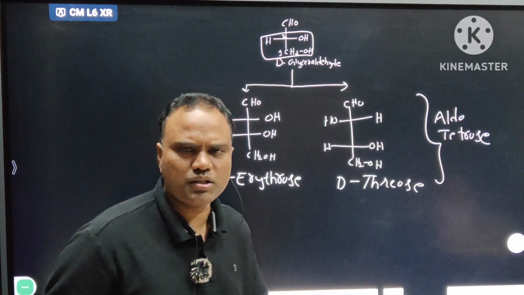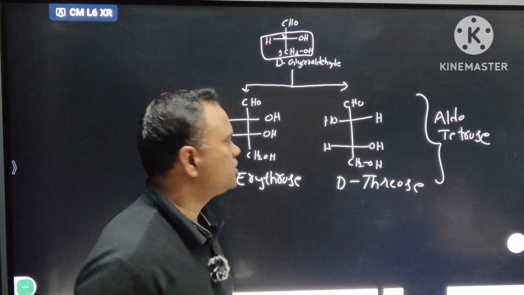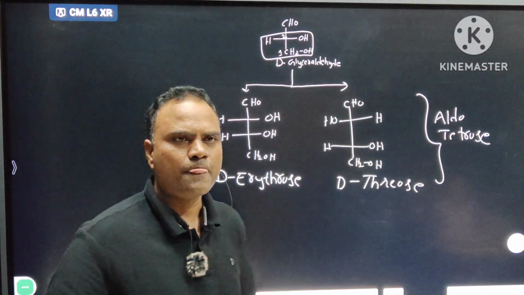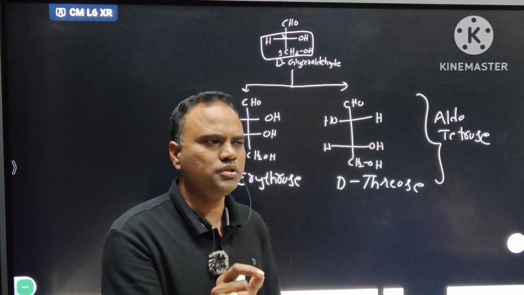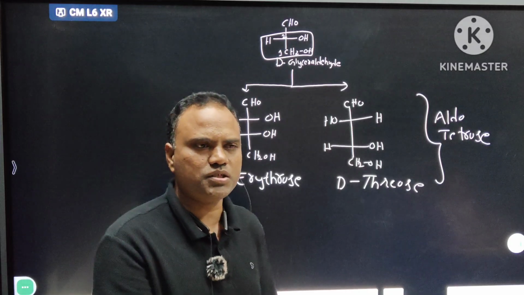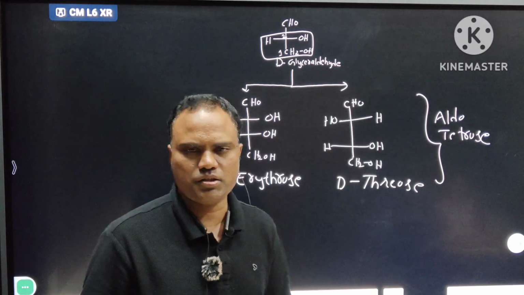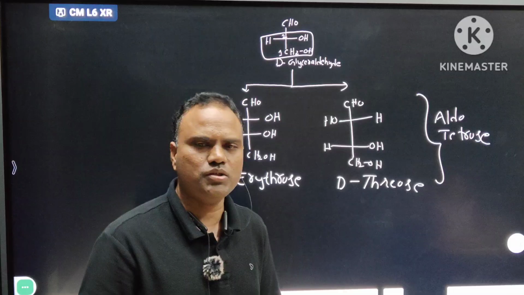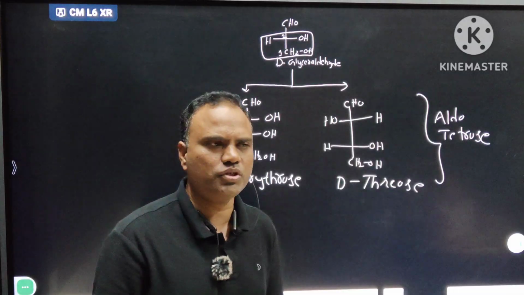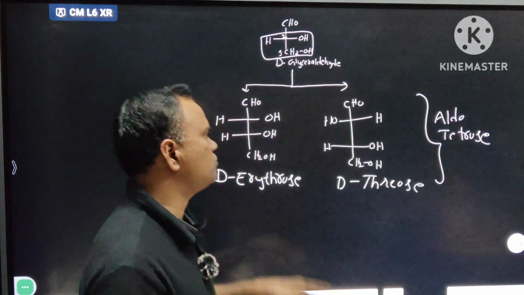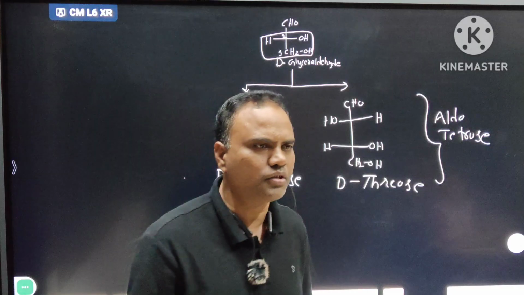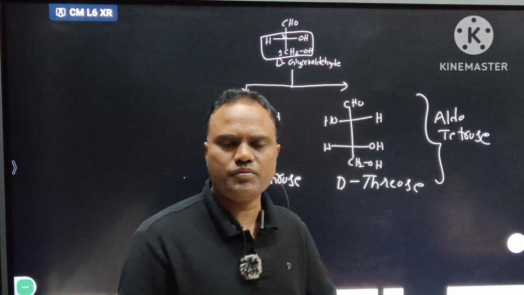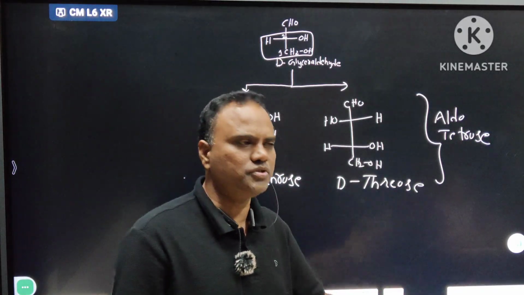In erythrose, the OH groups are present on the same side. Erythrose is a compound in which 2 OH groups are present on the same side. Threose is a compound in which 2 OH groups are present on opposite sides.